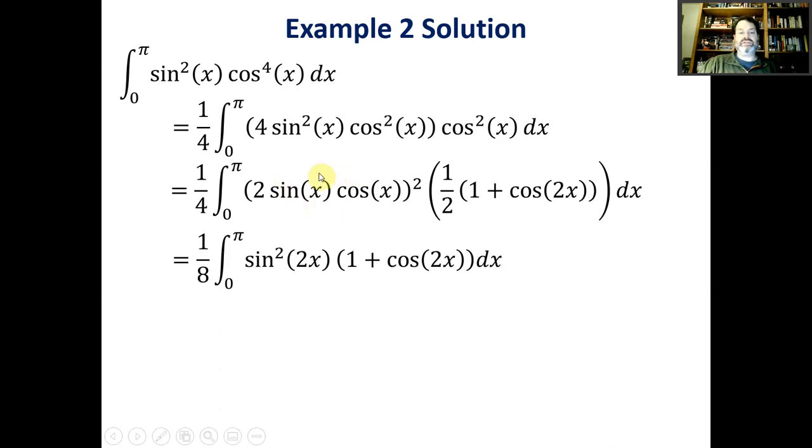Then this is actually sine squared of x. Sine squared of 2x. This is the half angle. And then this 1/2 times this 2 goes away. And we still have 1, 2 left over from the square. Right?